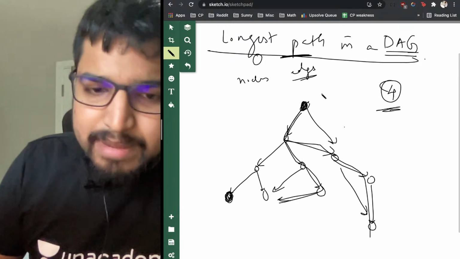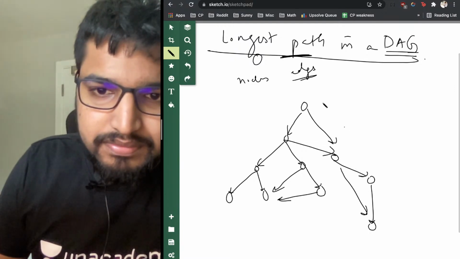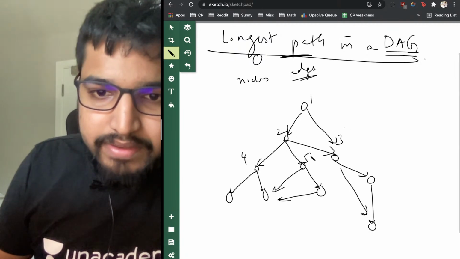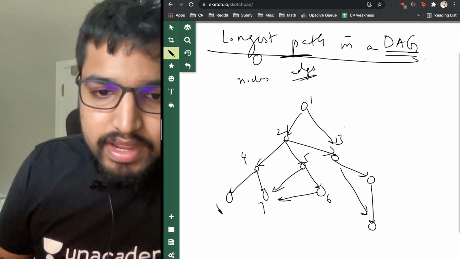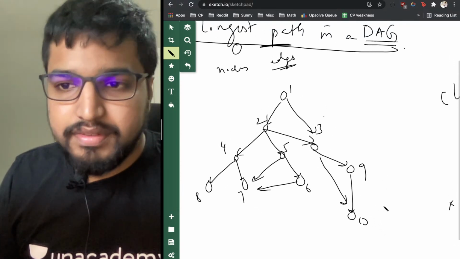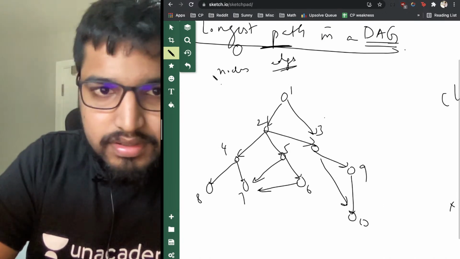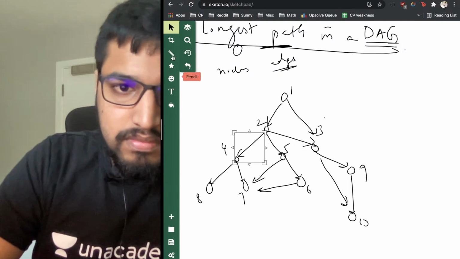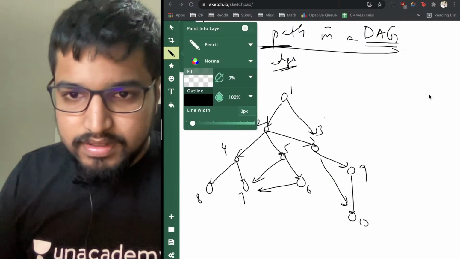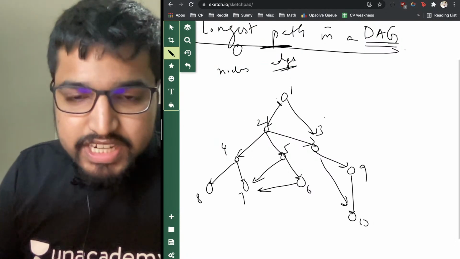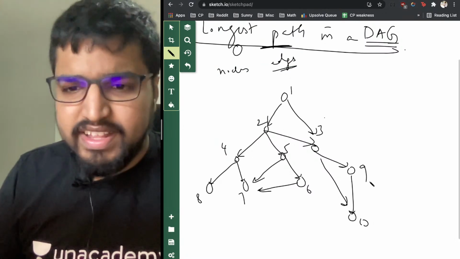All right, let's first label these nodes. 1, 2, 3, 4, 5, 6, 7, 8, 9, 10. So there are 10 nodes.